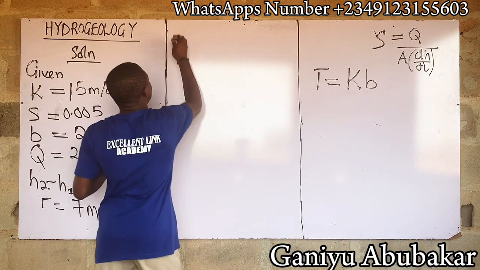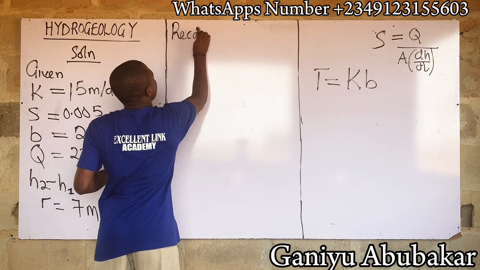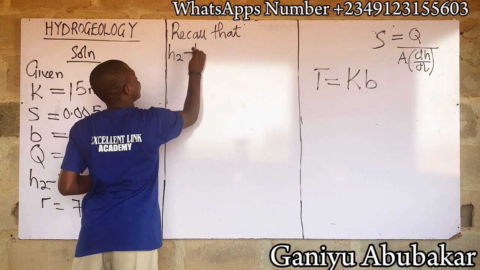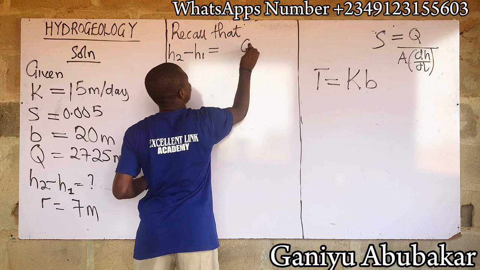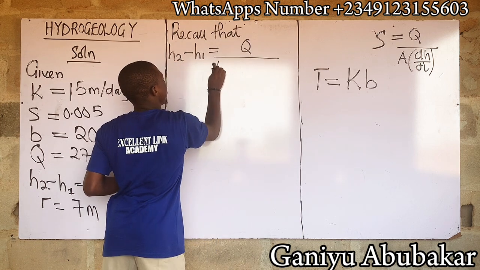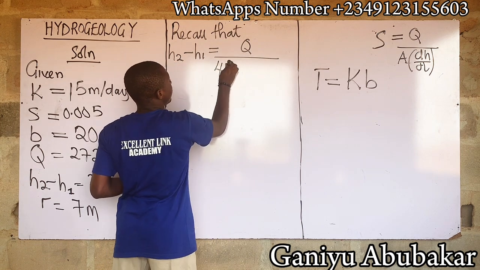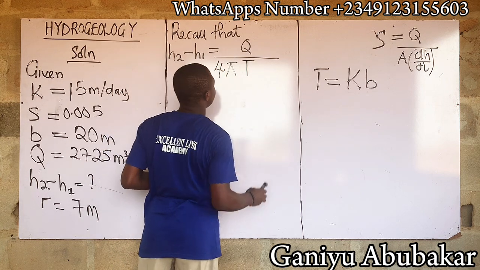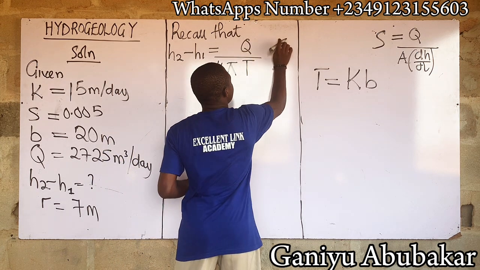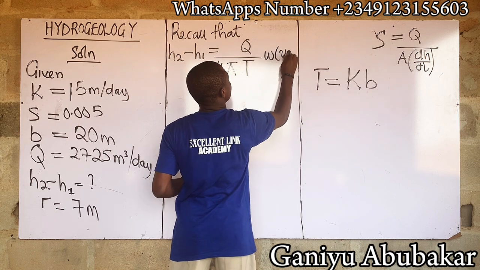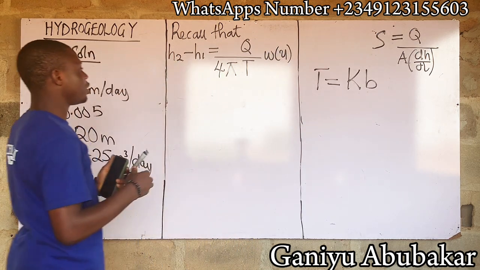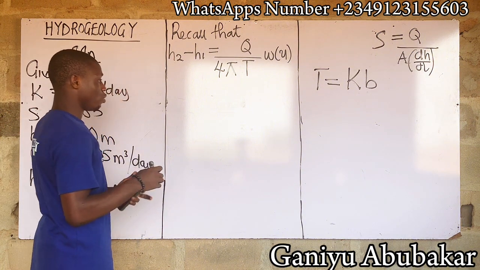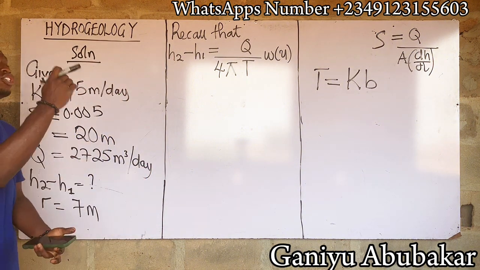At this point now, I'll recall that H2 minus H1 is equal to Q all over 4 pi T, times W of U. So this is my mathematical expression for calculating H2 minus H1, which is said to be the drawdown, right?